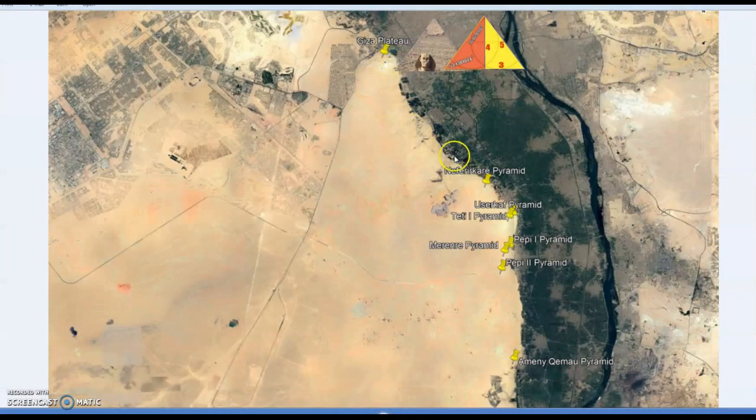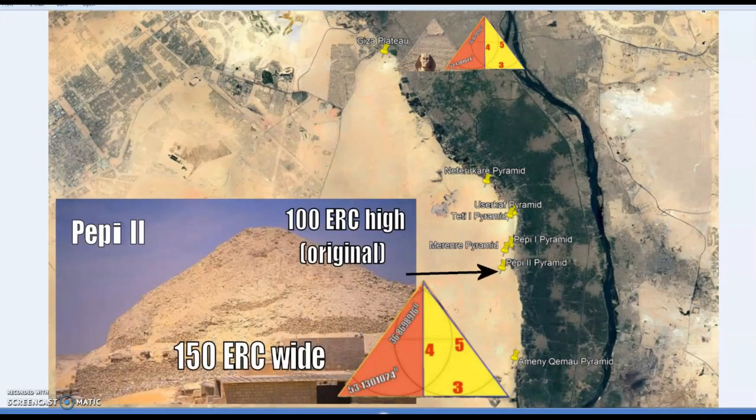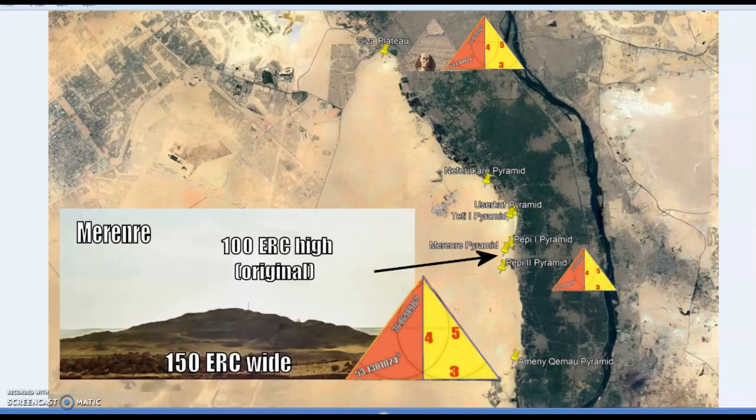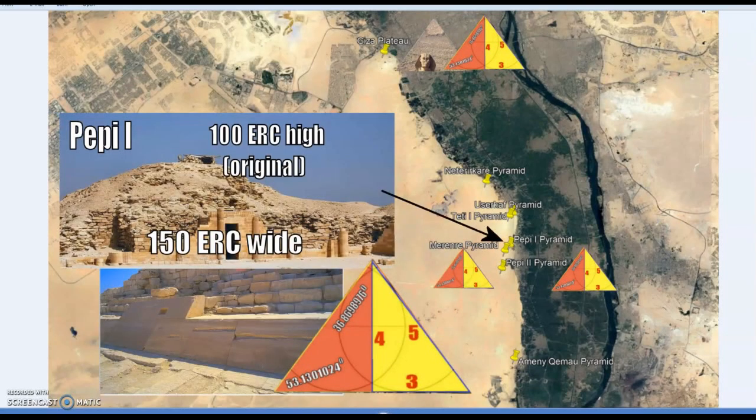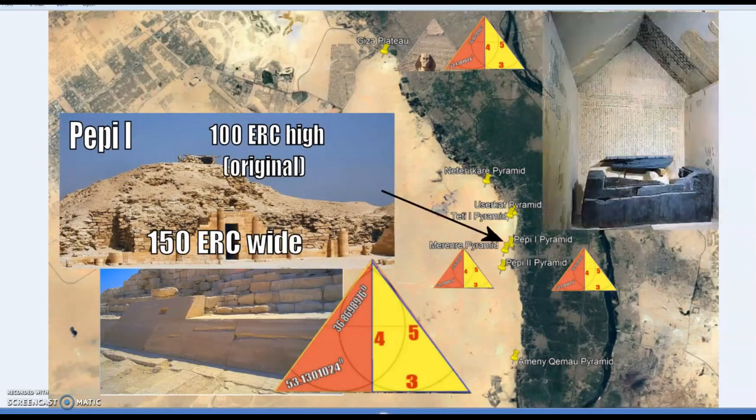So Giza Plateau, and then we come down towards Abu Sir and these other places where these other pyramids are. Okay, Pyramid of Pepi II, 150 cubits wide by 100 high. That gives us a 2:3 ratio. Merenre as well has the same proportions but also the same dimensions. Pepi I, same proportions, same dimensions.